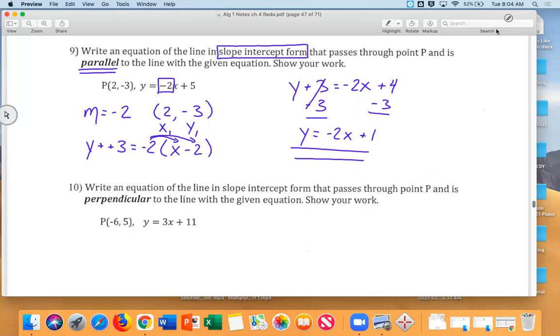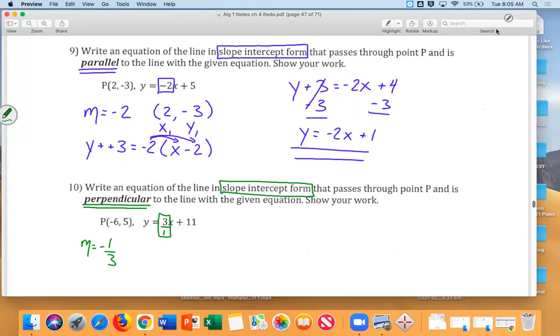The last question I got for you guys is this. It says perpendicular. Hope, so what's my slope? 3. Now, before you box that in, make it 3/1. If it's a whole number, make it 3/1 when we're talking about perpendicular, so that when I flip it, I have the slope of negative 1/3.